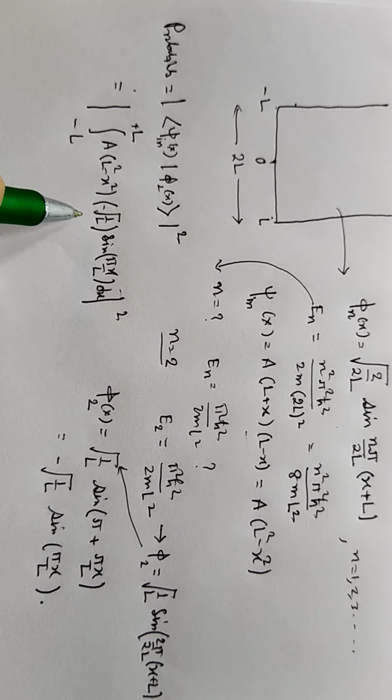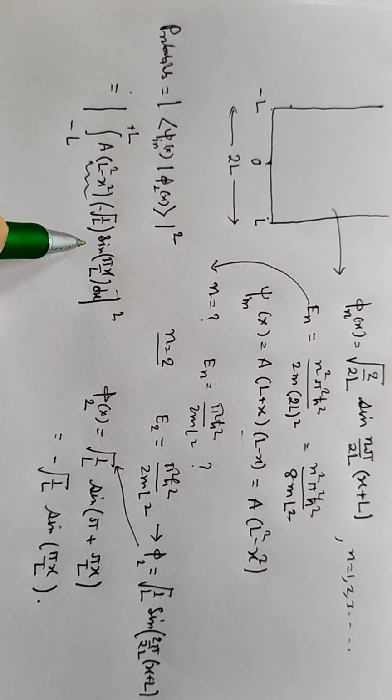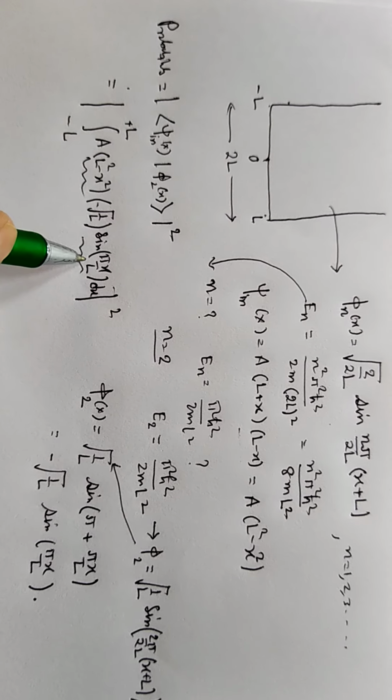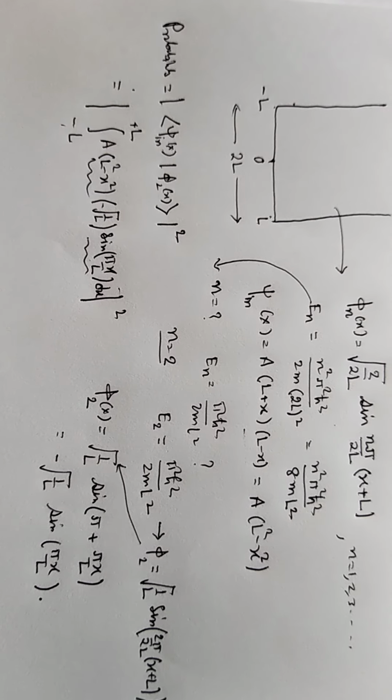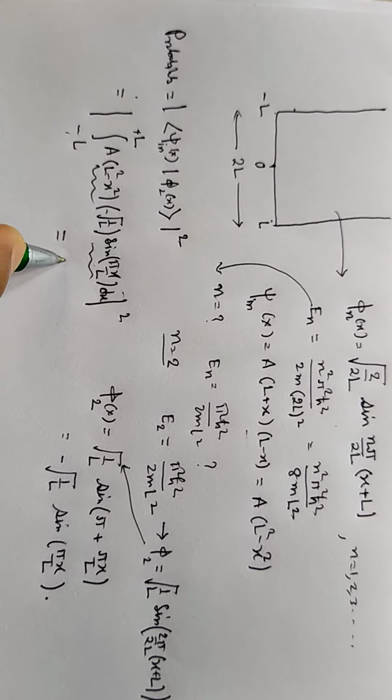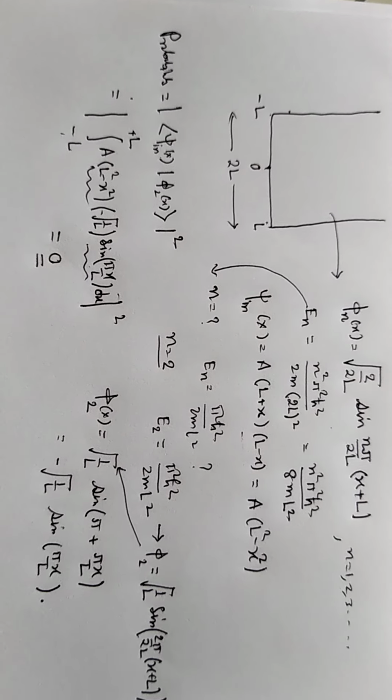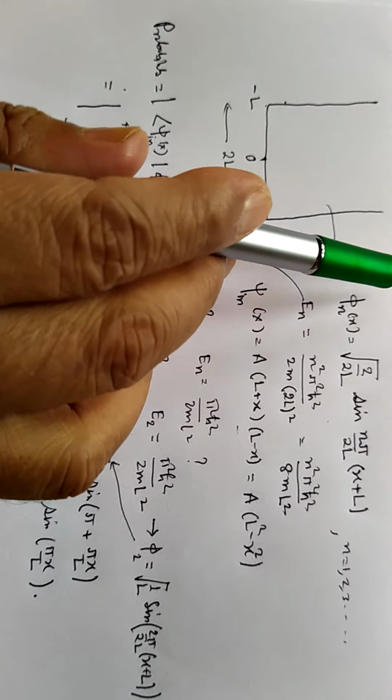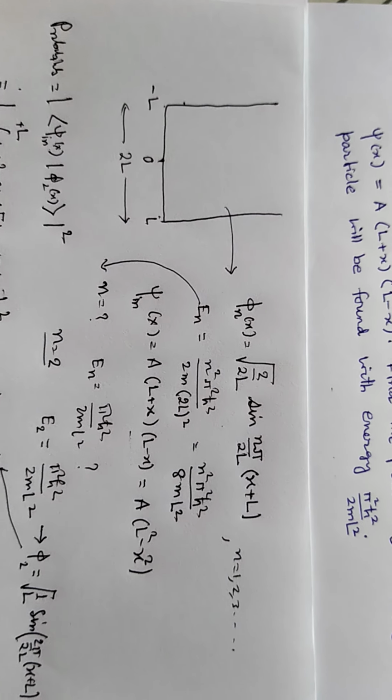Now if you look at it carefully, this is an even function, but this is an odd function, and if you integrate an odd function from minus L to plus L, that will give you 0. So simply the probability that the particle will be found with this energy is 0.